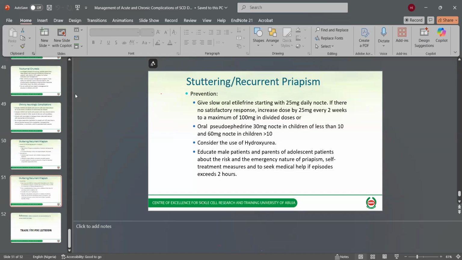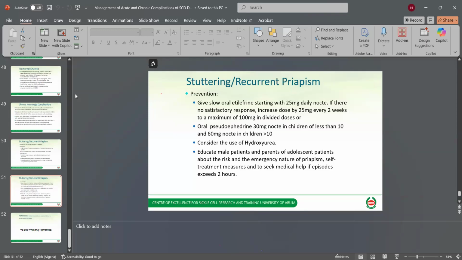The level of the fetal hemoglobin increases, and so there's the ability of the red cells to deliver oxygen better, and as a result, it will lead to a decrease in the complication. Hydroxyurea also helps in cellular hydration. We saw the role of cellular dehydration yesterday.